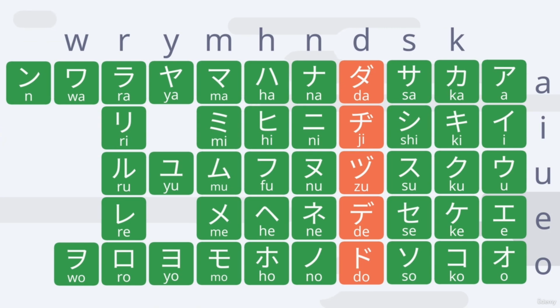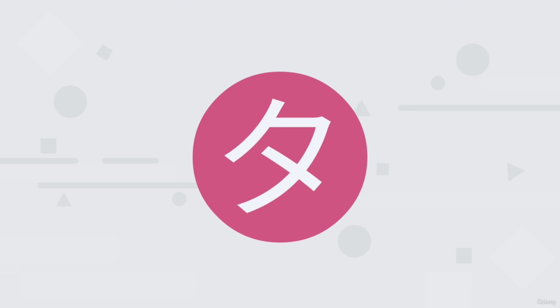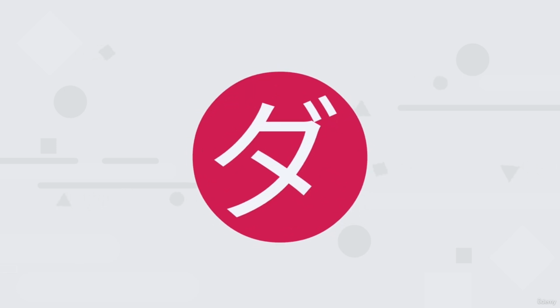In this lesson, we'll learn the characters da, ji, zu, de, do. To review, what is this character? Ta. How would you read this character?